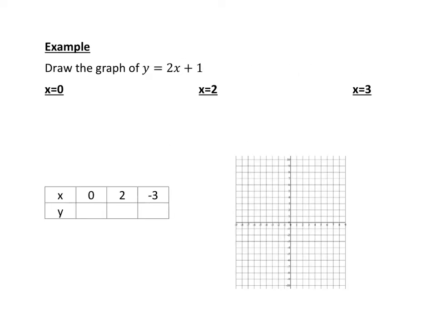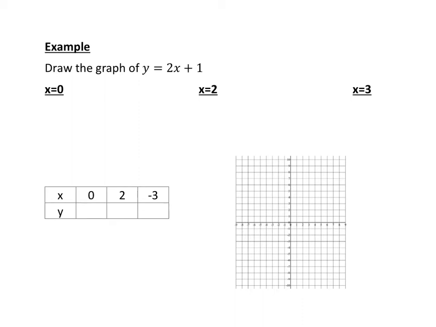So in this example, we're going to try and draw the graph of y equals 2x plus 1. And I've given you 3 different x values that we're going to attempt to find a corresponding y value with. So here we're going to use x equals 0, x equals 2, and x equals 3, and we're going to find a y value that goes with it.